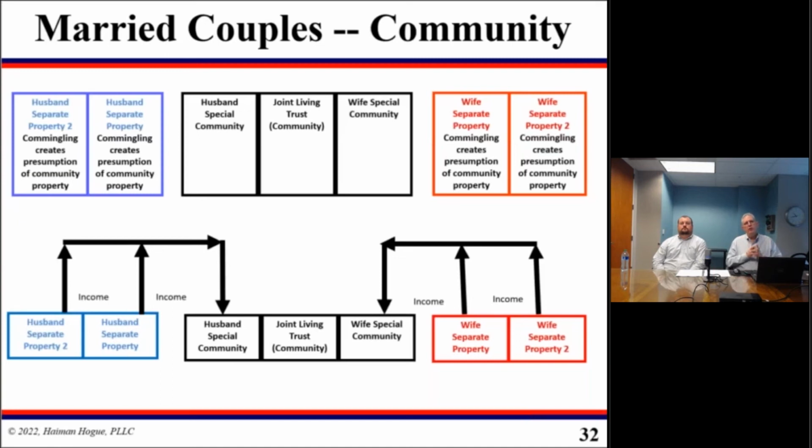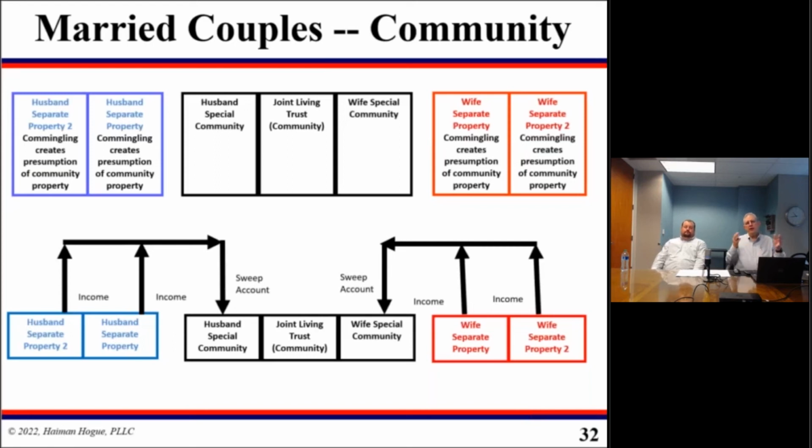Now, we didn't show it on this, but it conceivably could go to the joint community. That is a choice the spouses could make, and it's fine if they do that. But this is one reason why we have a special community trust, because they may want to retain complete control over management of it. The way you do that is through what is called a sweep account.